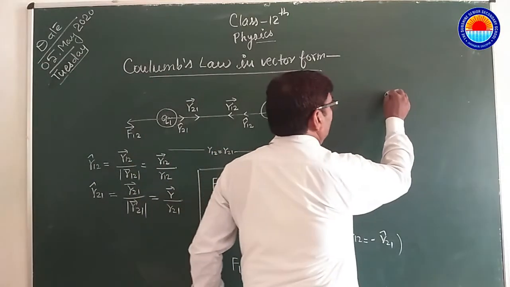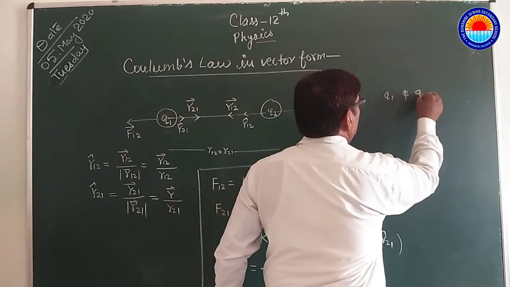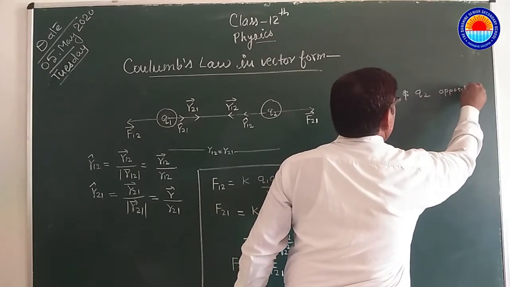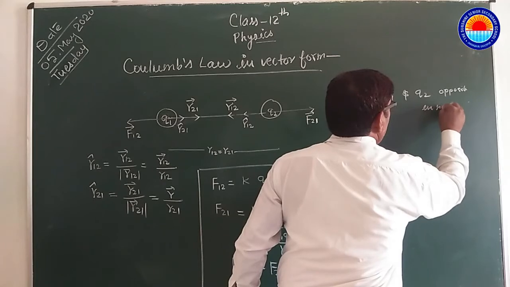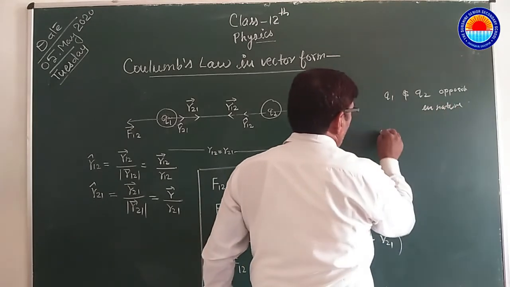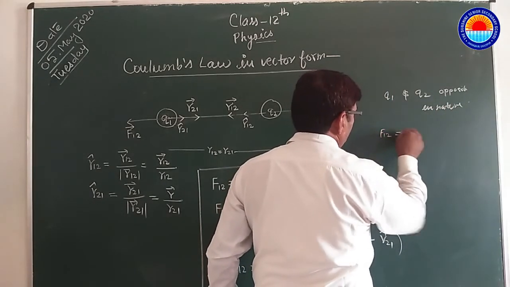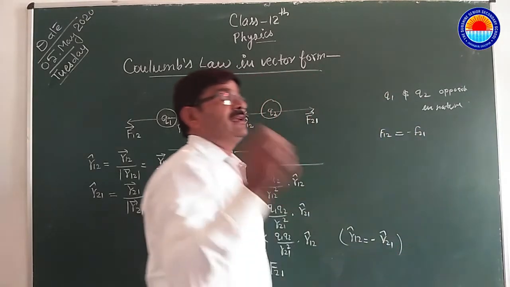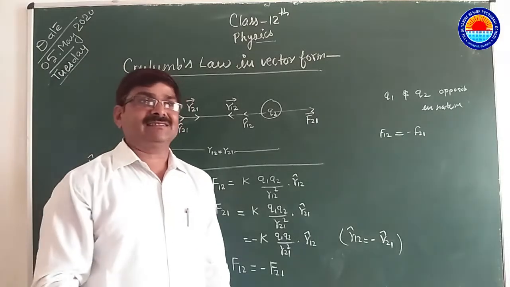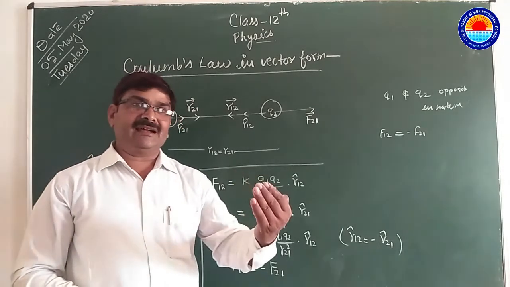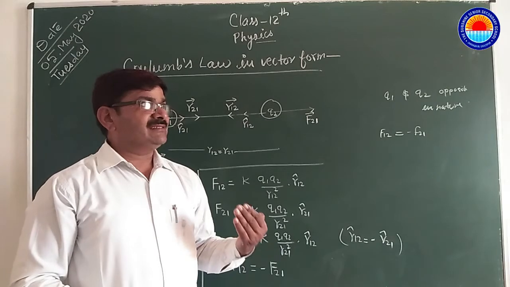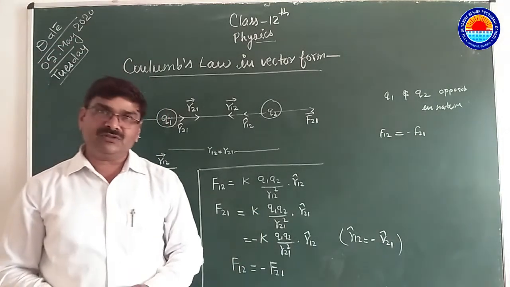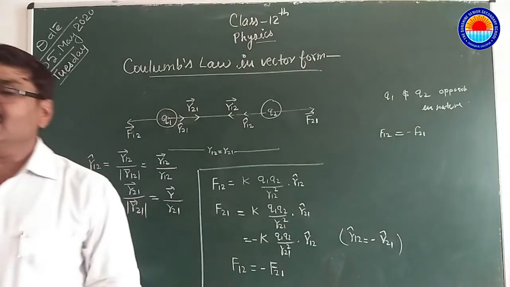But when Q1 and Q2 are opposite in nature, then F12 is equal to minus F21, which will be a force of attraction between them. The first attracts the second towards it and the second attracts the first towards it. In this case also force is opposite in direction but equal in magnitude.